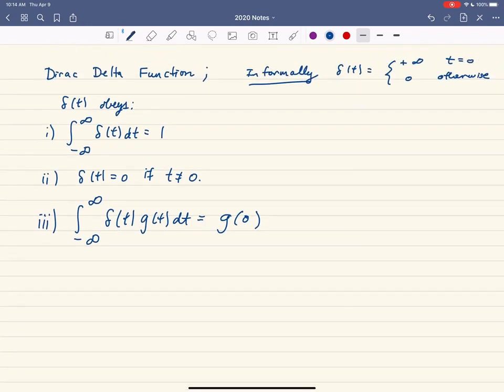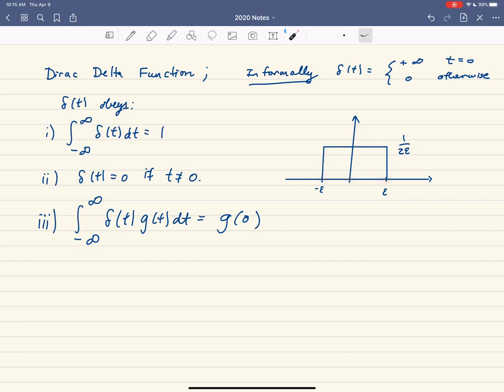The way I like to think about this function is, just to lay down a little intuition here, let's say I were to have some function that's going to go from negative epsilon to epsilon, and the height of this function is really going to be whatever we need in order for this area to be 1. So in our case, that means it's going to be 1 over 2 epsilon, because the distance from epsilon to negative epsilon is 2 epsilon.